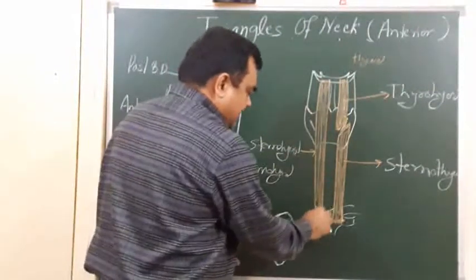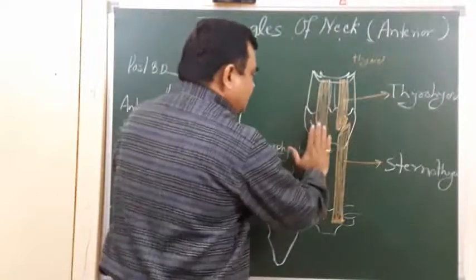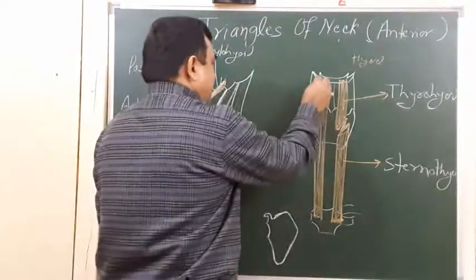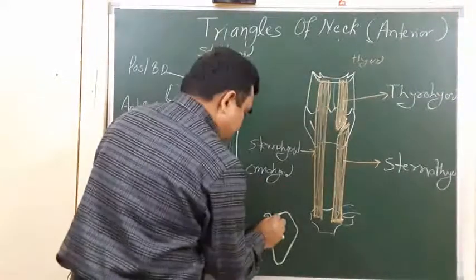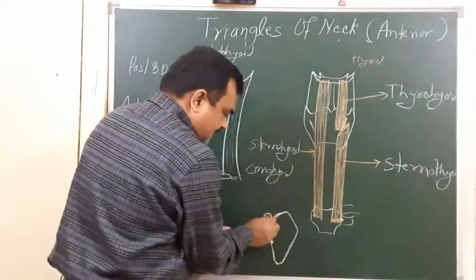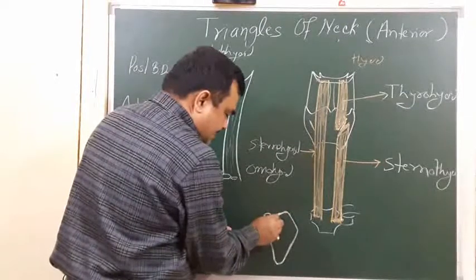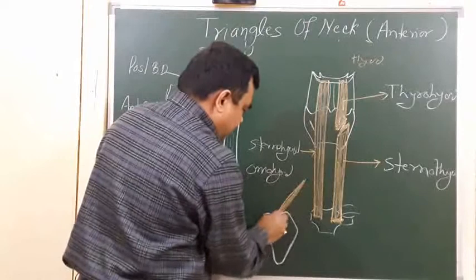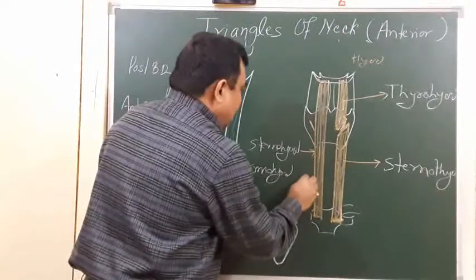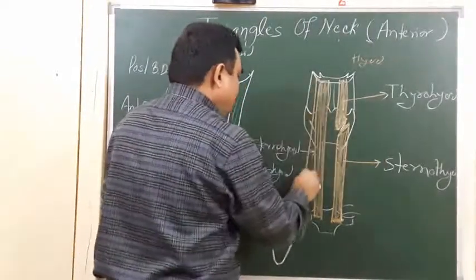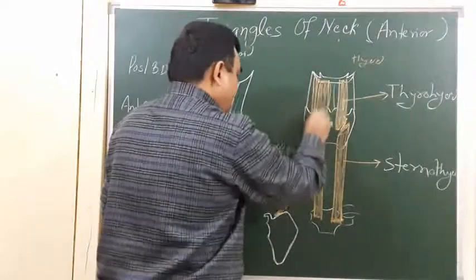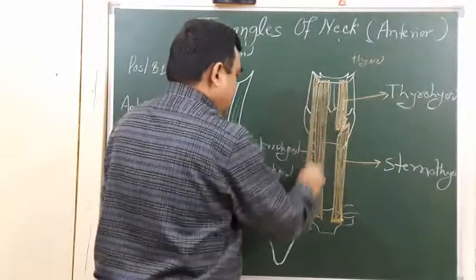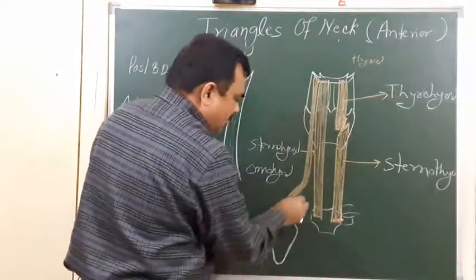From the posterior surface of the sternum to the hyoid bone, this muscle covers these two muscles. And another muscle, lateral to this, takes origin from here, the superior border of the scapula. This is the inferior belly, and here is the superior belly. So this is the superior belly. This is the inferior belly of the omohyoid.